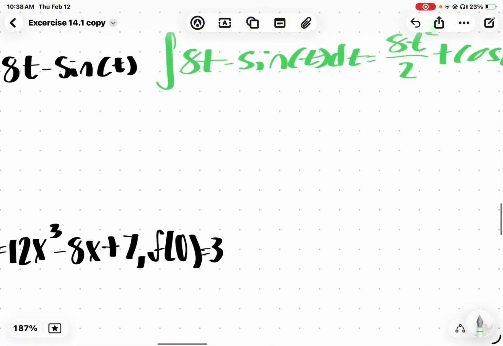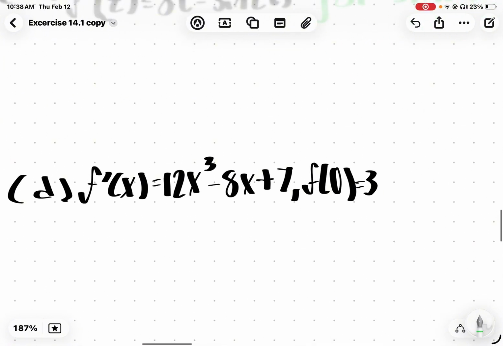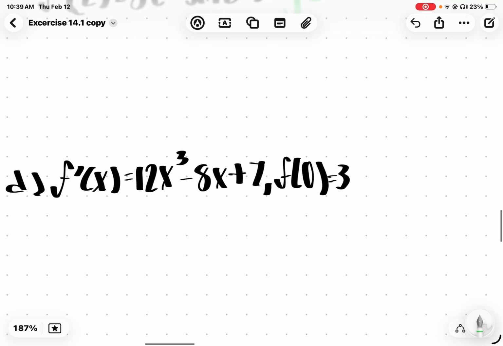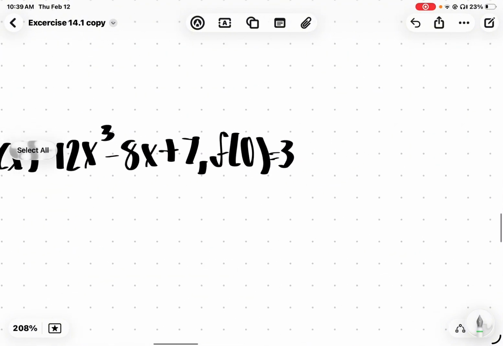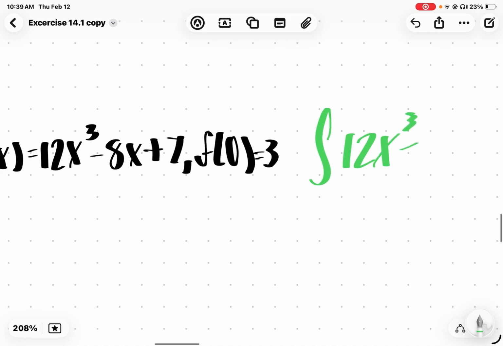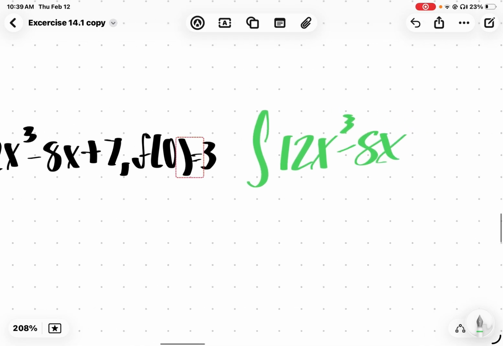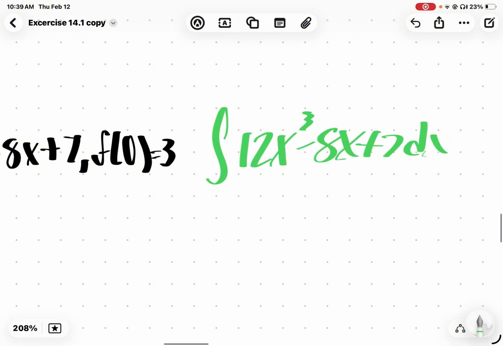Now moving on to part D, we have f prime equals 12x cubed minus 8x plus 7, where f of 0 is 3. So we only have to do the integral one time. So the integral of 12x cubed minus 8x plus 7 dx.